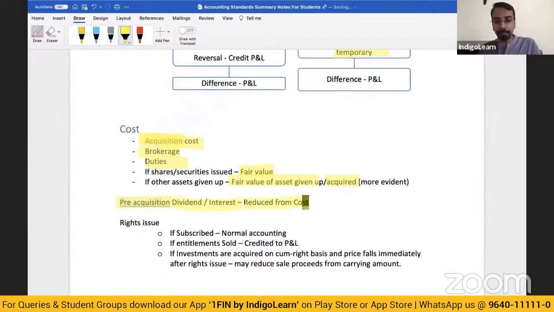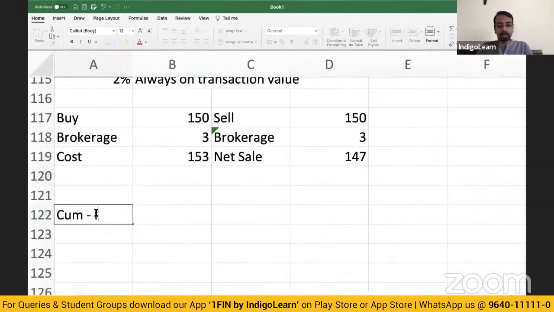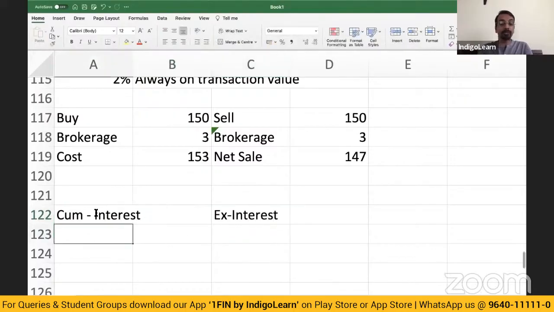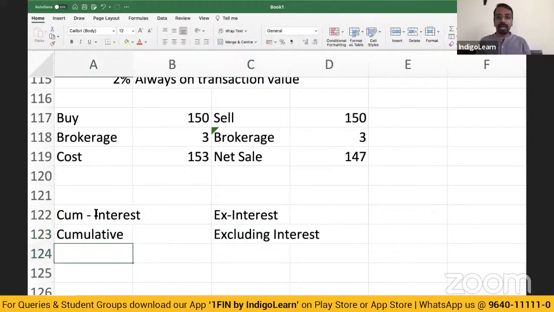Now here again there is one concept called cum interest and ex interest. Okay, cum interest means cumulative of interest, ex interest means excluding interest. Now whenever you do investment accounting, in the investment portion, you will always take excluding interest value.